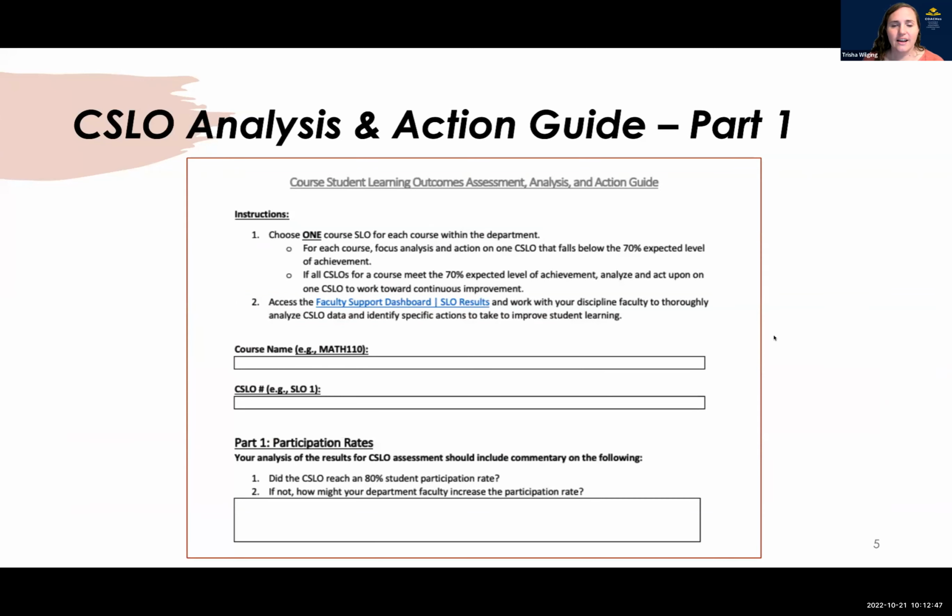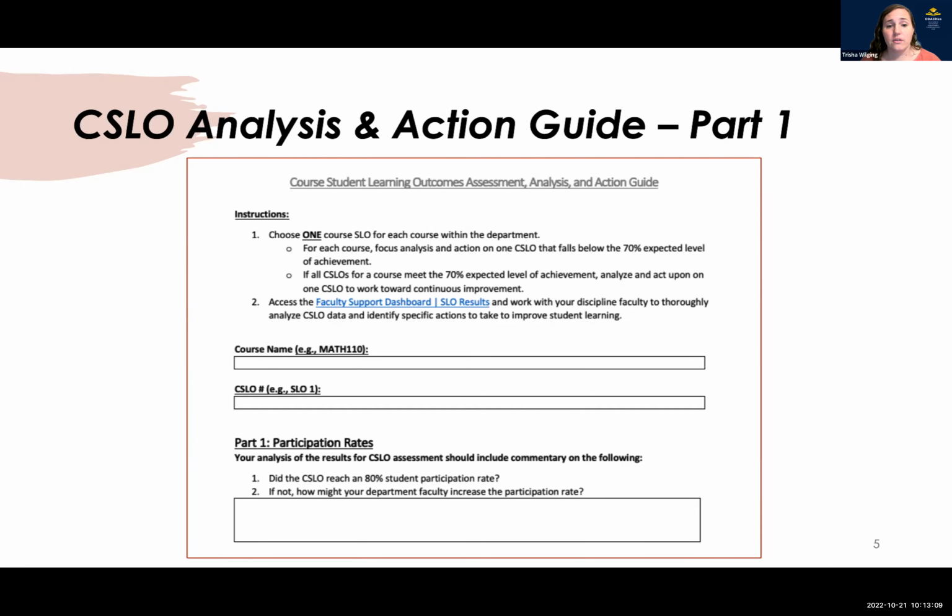And so our analysis and action guide at the course level, we ask faculty to choose one SLO per each course within the department. So English 1 and then English 3 and then English 4, right? Whatever our course levels are. In every course, we want them to focus on one student learning outcome.